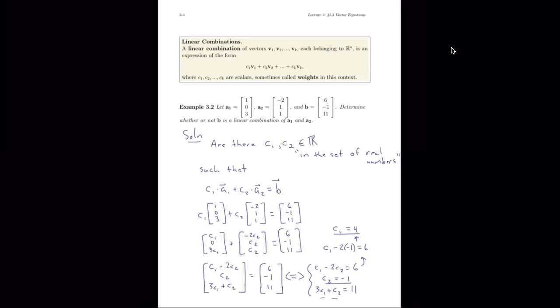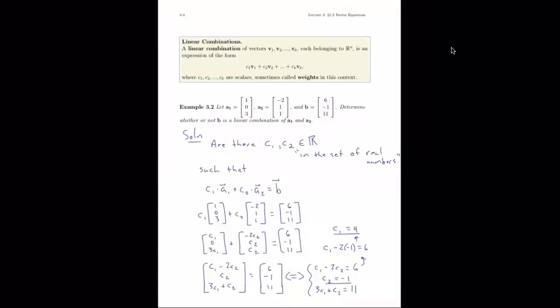I think we'll find that it is. Or we could just get the bird's eye view check of what's going on, which I think is worthwhile just to see how these things work out. So remember, we've got, I'll make a copy of this vector equation, and C1 is 4, C2 is -1. So let's write that down on the next page.